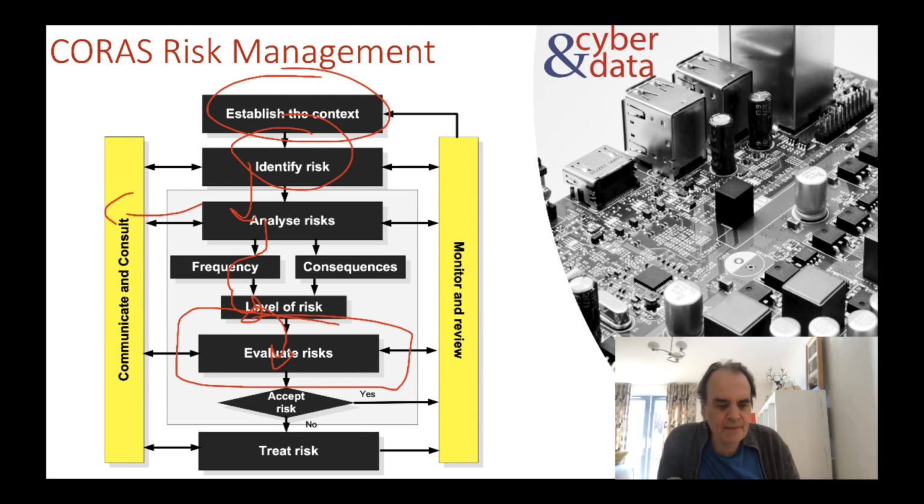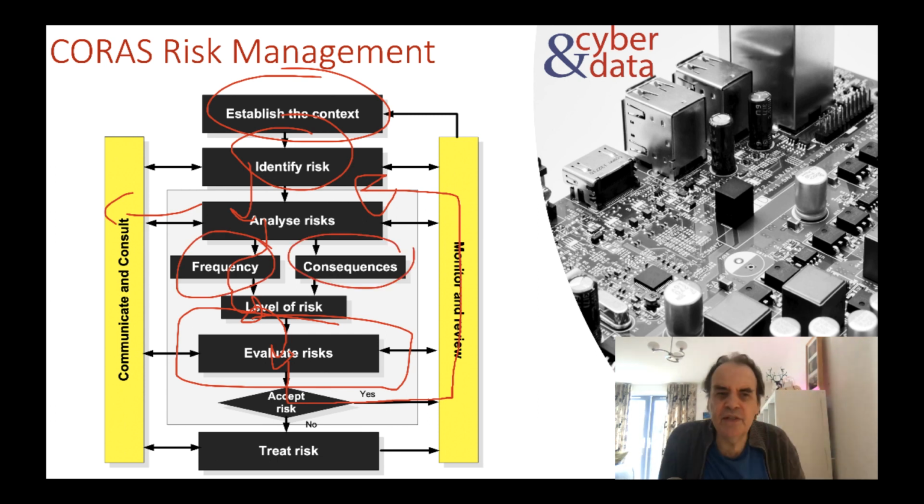So as the risks happen, we'll define whether we accept it or not, and then we will continually try to assess our risks, evaluate them, and so on. We might change the frequencies and the consequences and the level of risks as we go through within our organisation, but generally it's a feedback loop.